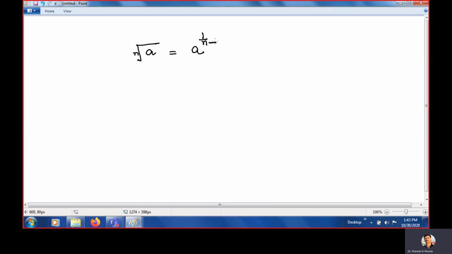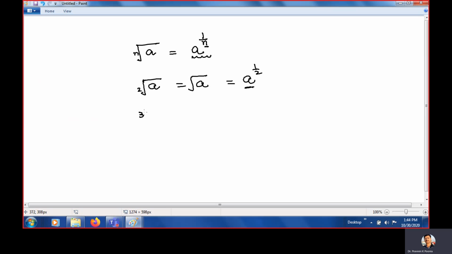That means if you need to find the value of this, you need to break a into n equal parts. Like if 2 is written here, and if nothing is written, that is also 2. What does this mean? A power 1 upon 2. So you need to break a into two equal numbers, the product of two equal numbers, then one number will come out.